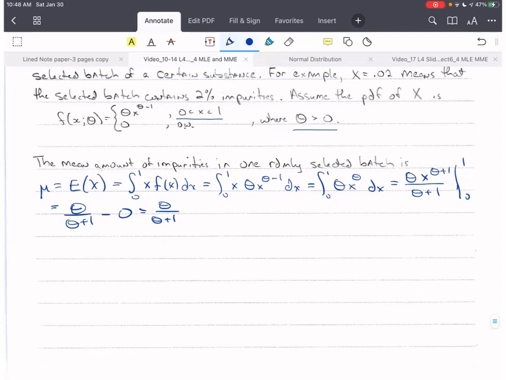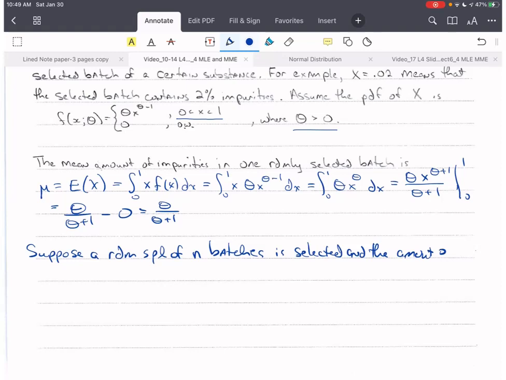Now, suppose a random sample of n batches is selected, and the amount of impurities is measured.